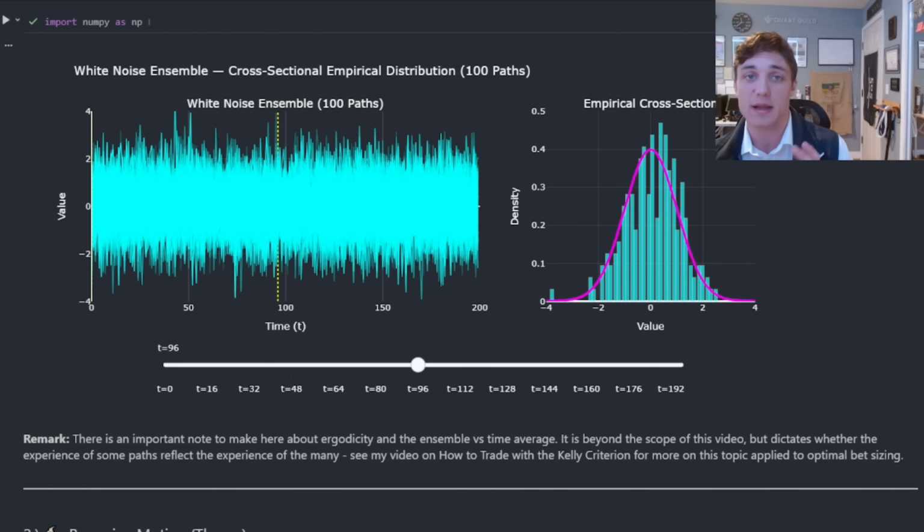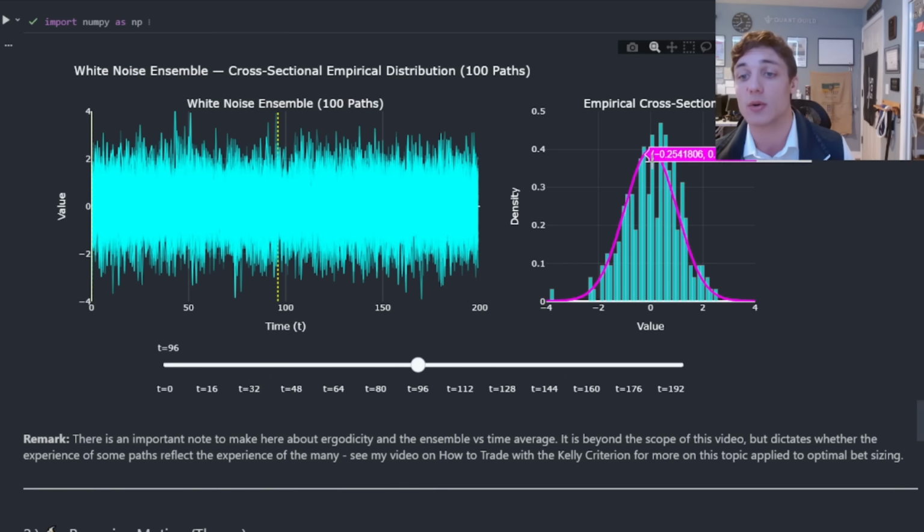This is a very important idea because sometimes we have the theoretical distribution outright. We can just simulate a draw from it. But if we don't, then we have to simulate sample paths. And we know if we simulate enough paths that the empirical distribution will converge to the theoretical one. That is why this relationship is so important to understand.